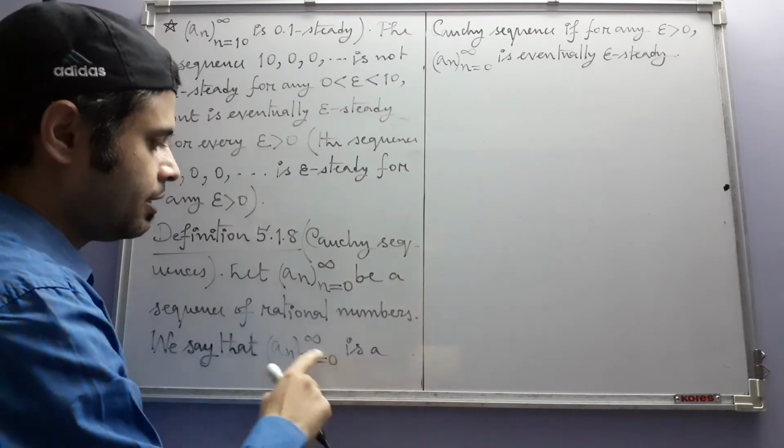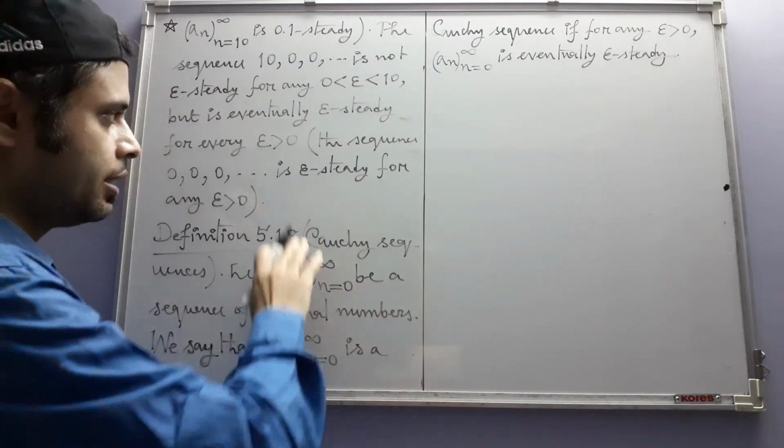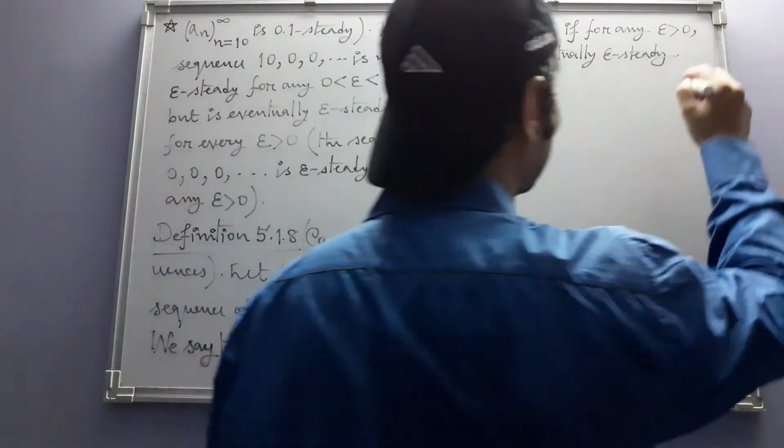We can then write the definition of a Cauchy sequence like this in full detail without using any such notion of epsilon steadiness or eventual epsilon steadiness.